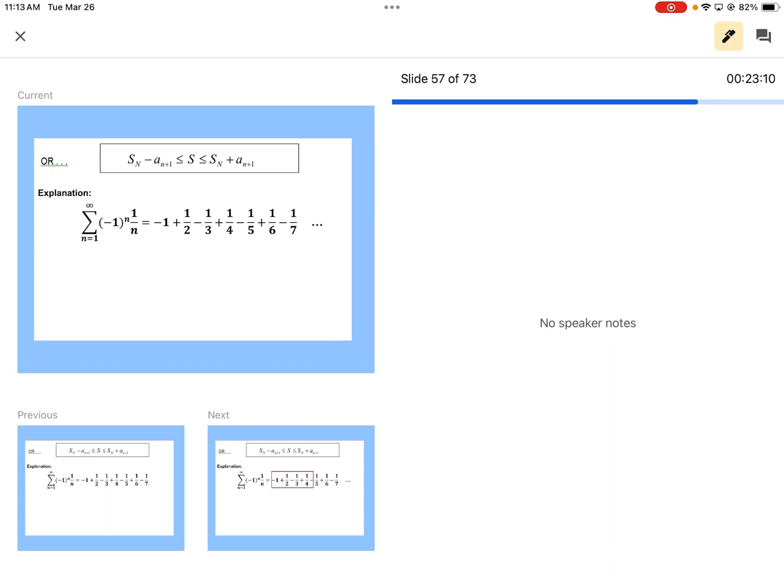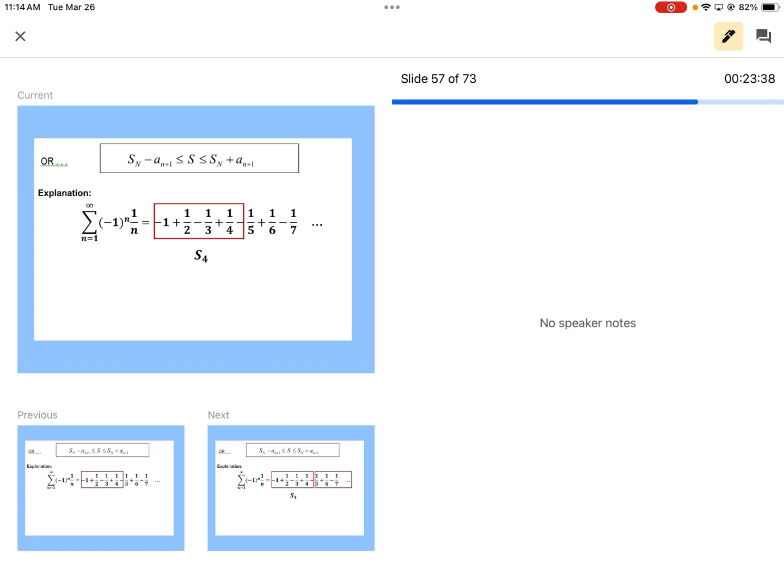So if you are asked to find an estimated sum of the first 4 terms, we would literally take and add up the first 4 terms. So we would say -1 plus 1/2 plus -1/3 plus 1/4. This would be our estimated sum. We would call that S sub 4 because it is the estimated sum using the first 4 terms.